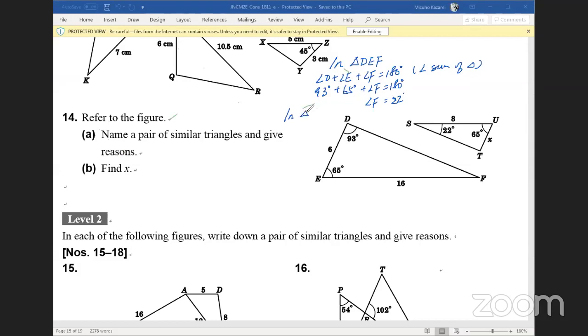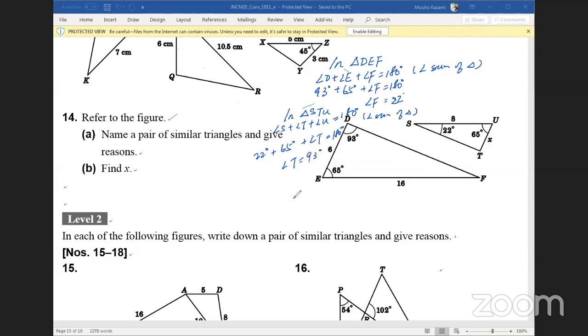In triangle STU, I have angle S plus angle T plus angle U equals 180 degrees, angle sum of triangle. Angle S is 22 degrees, angle U is 65 degrees, and then also angle T, okay, 180. And therefore angle T is what?